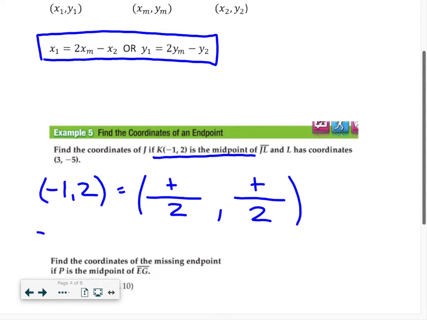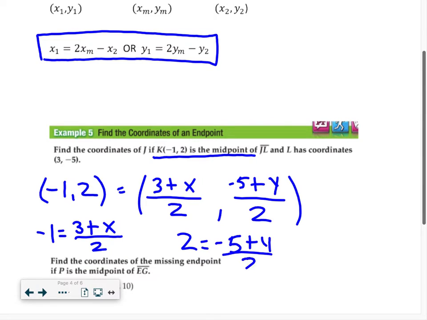So -1 would be equal to the x value 3 plus the other x divided by 2. If you solve that equation, you're going to get the x coordinate of J. The y coordinate of our midpoint, 2, comes from adding the y values together, which is -5 plus whatever the y value of J is, divided by 2. Now solving both of these should give us the coordinates of J.